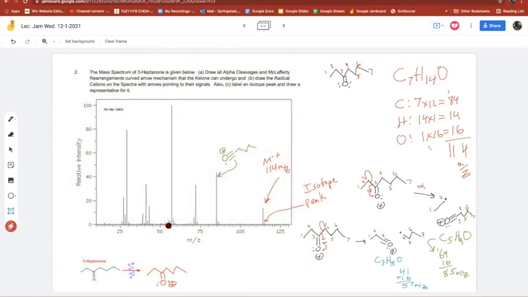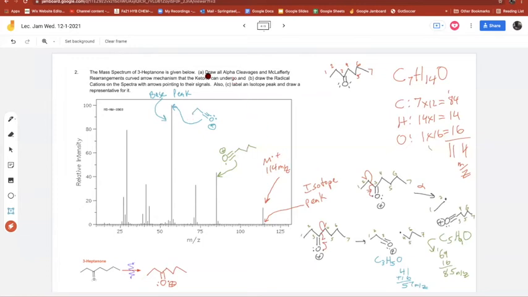Oh, shoot. Almost dropped the iPad. Do I see that one? 50, 55, 56. Yep, that's the base peak. Nice.